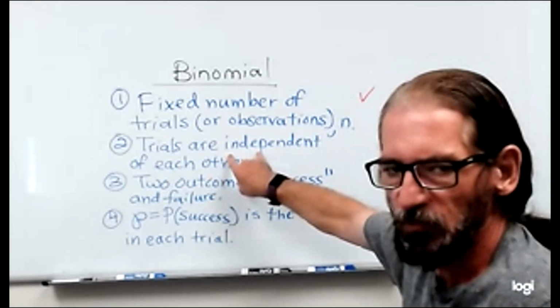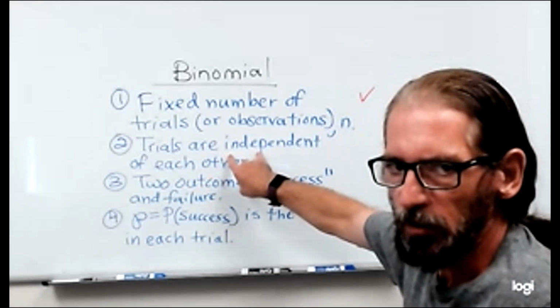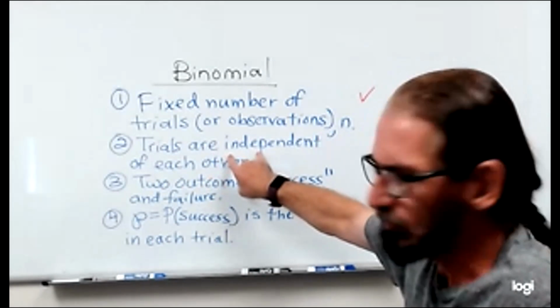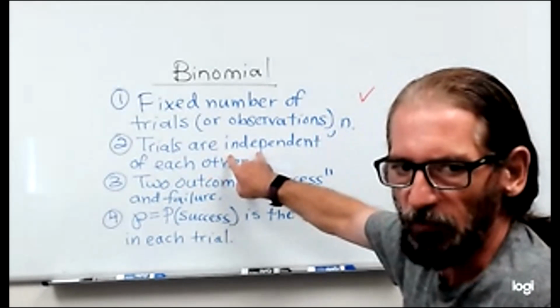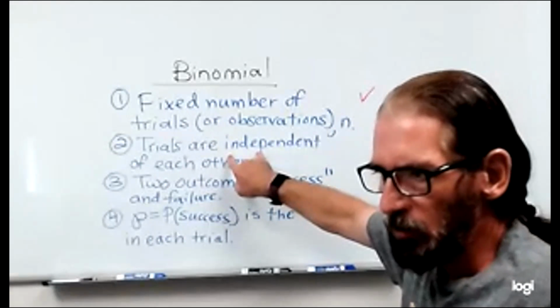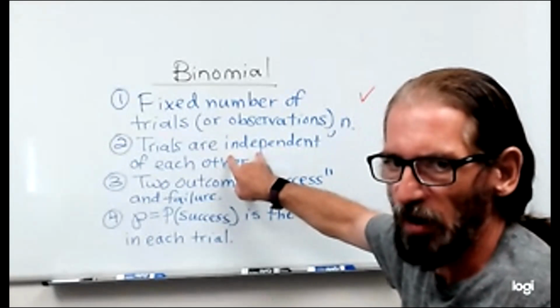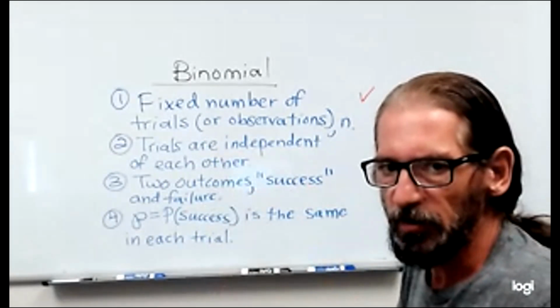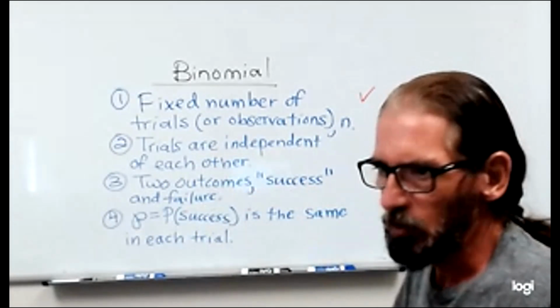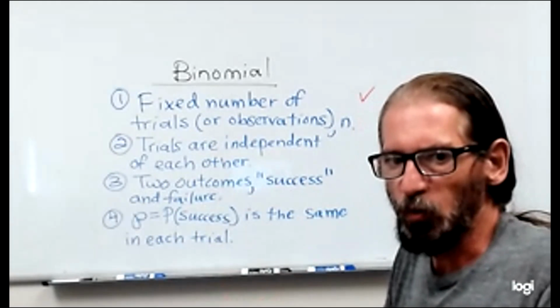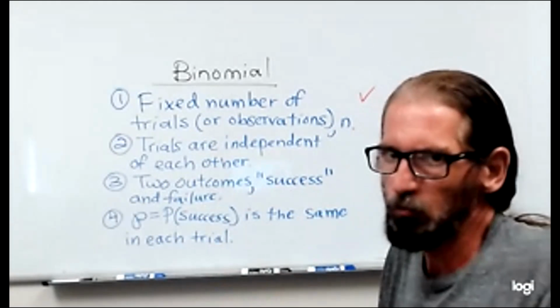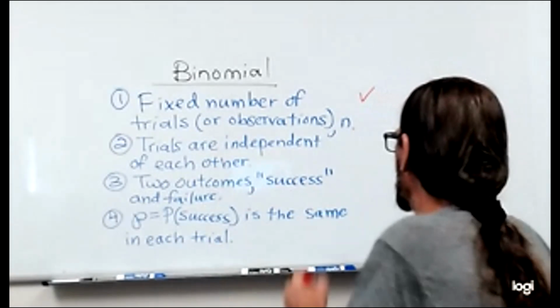So what happens with one in a sample is not going to affect what happens in another, whether they experience the certain side effect or not. Part of that is perhaps due to the fact that the sample was obtained randomly. Maybe it was a simple random sample.